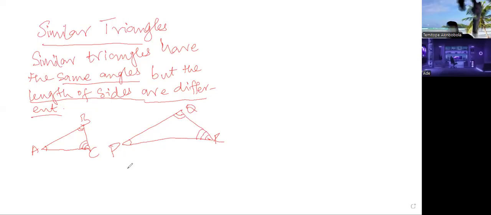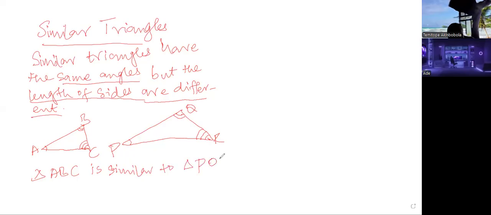Do you understand that now? Yes, sir. So in this context, you say that triangle ABC is similar to triangle PQR if the following conditions hold.